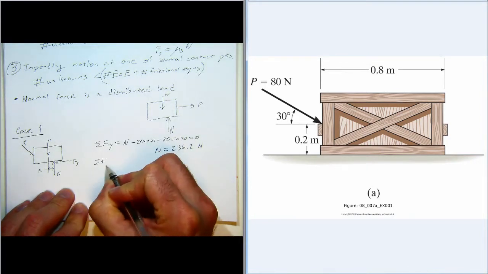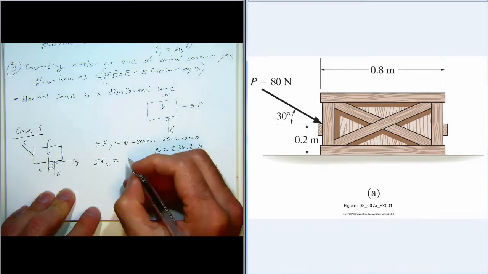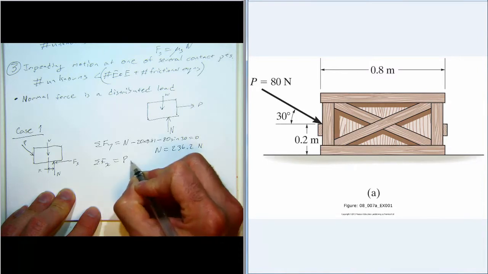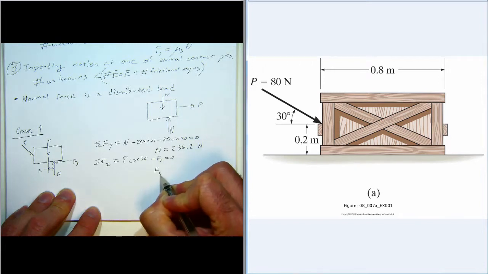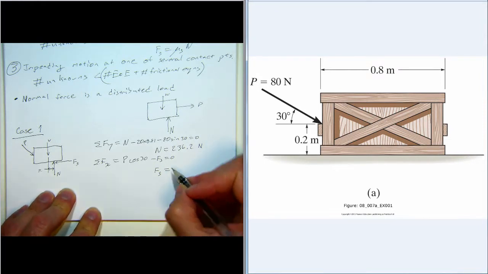And remember, for this case where we have impending motion, we're just going to use the equations of equilibrium. And so the forces in the x, we have P times cosine of 30 minus Fs equals 0. So that gives us that the friction force is 69.3 newtons.